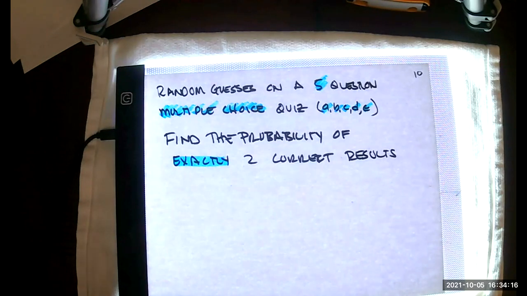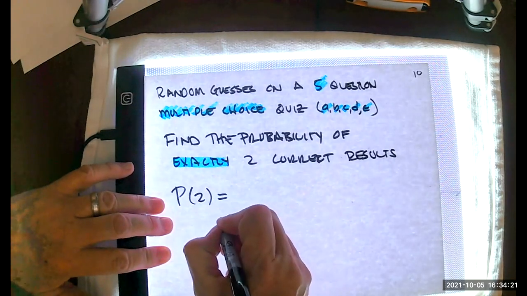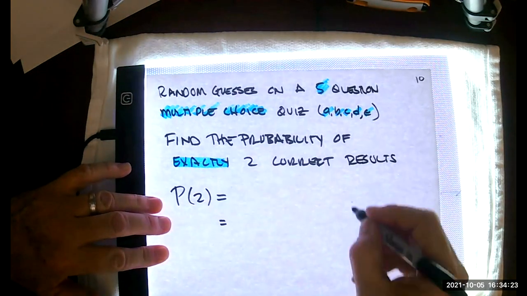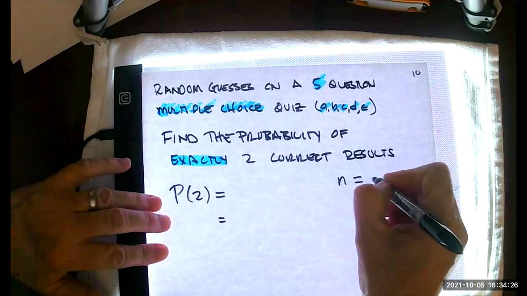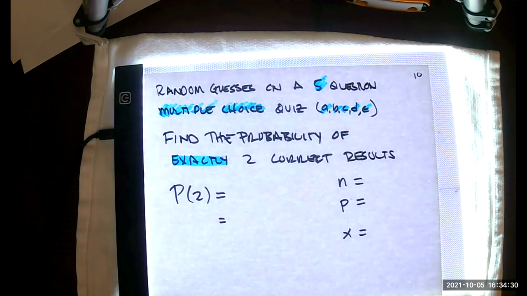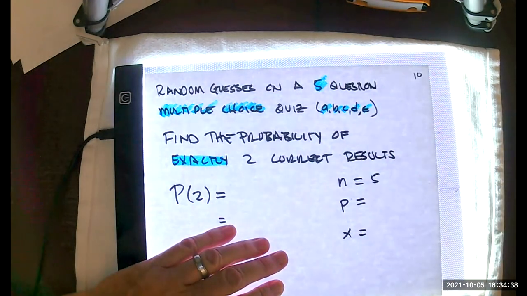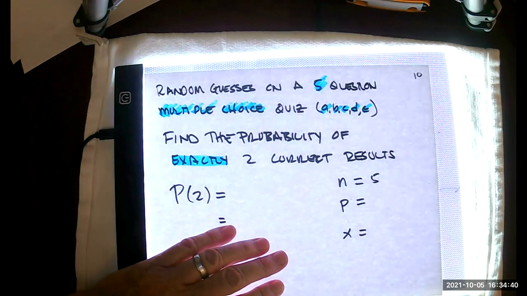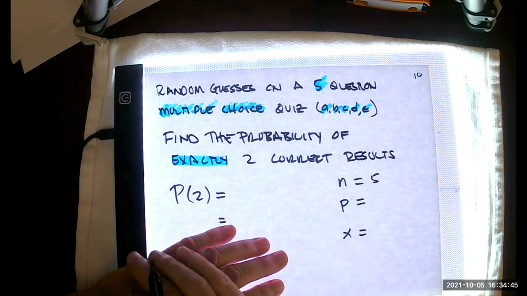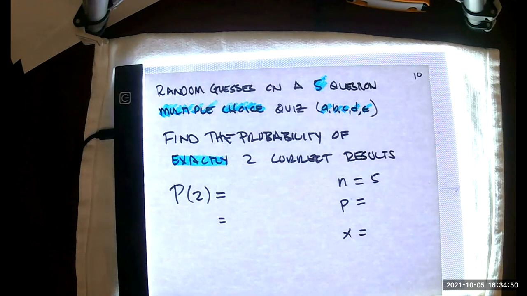So we want to find the probability of exactly 2 correct results. So I'm going to do that on my calculator. Probability of exactly 2. I'll even put the rounded version down there. But before I do that, I need to get ready. I need to determine what n is, what p is, and what x is. We're going to guess on 5 questions. So we have 5 times of guessing, 5 trials. Now, what is the probability of being right on any one question?